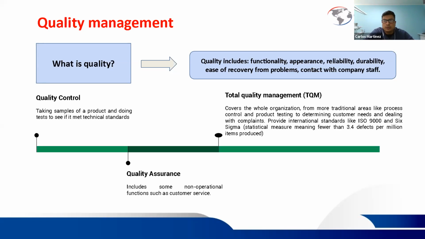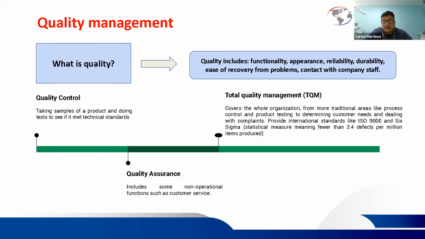It covers the whole organization, from process control to product testing to determining the customer needs to dealing with complaints. It has to do with the whole process, from getting the raw material to making it work, to the dispatch, to the customer service, and dealing with complaints. So this involves the whole company, not only making the product, but how the customer feels and how we can solve their problems. And now is where international standards like ISO 9000 appear, and also Six Sigma.